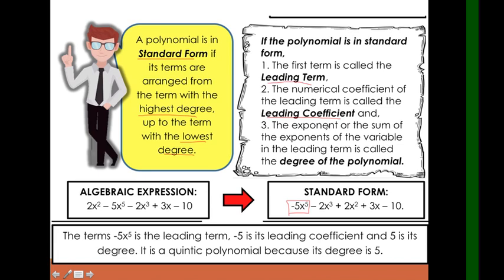The exponent, or the sum of the exponents of the variables in the leading term, is called the degree of the polynomial. So, ang tawag doon ay degree of the polynomial. So, dito, ang degree of the polynomial is 5. Yung exponent niya.